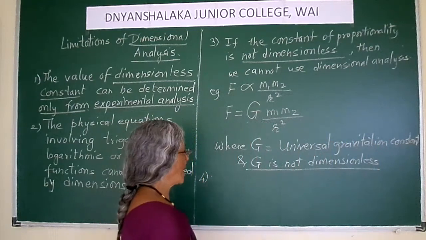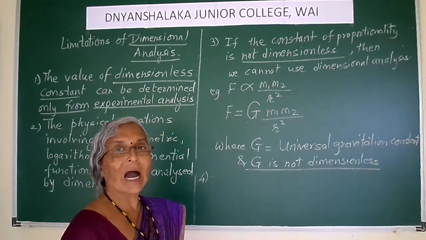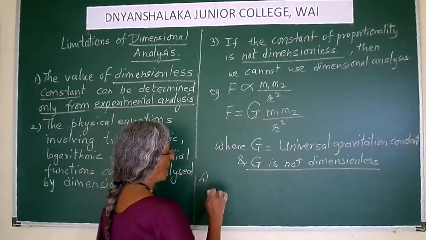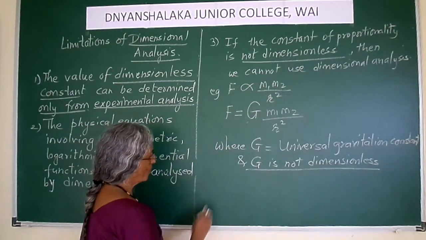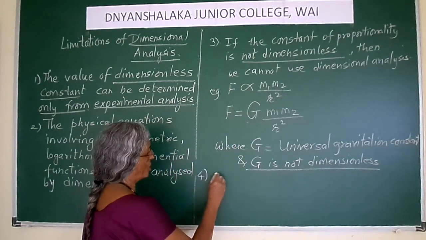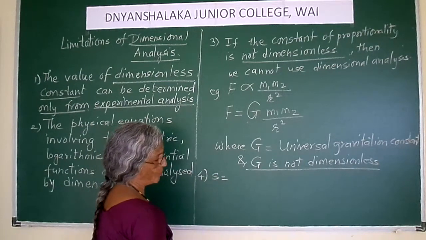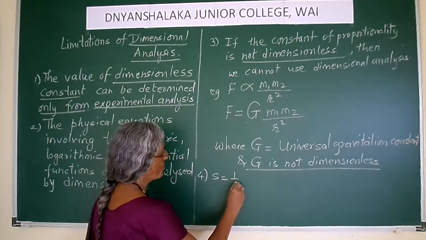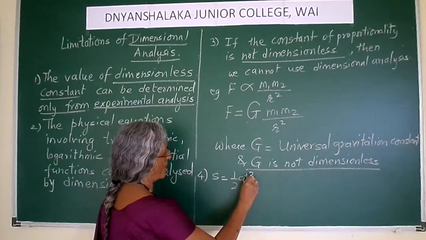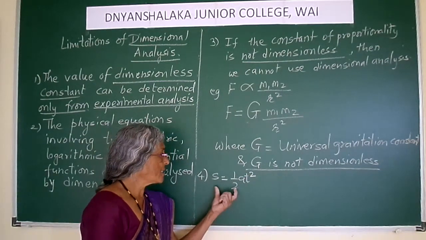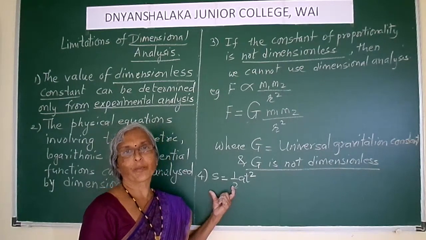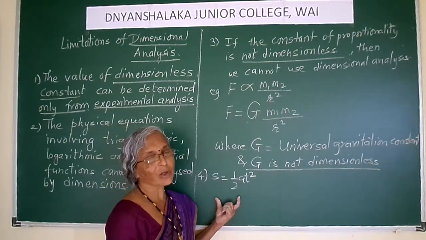Say for example, हम एक example लेंगे, okay? If I ask you to prove the validity of the equation S is equal to half AT square, okay? And I say this is a physical equation, prove whether it is correct or not.